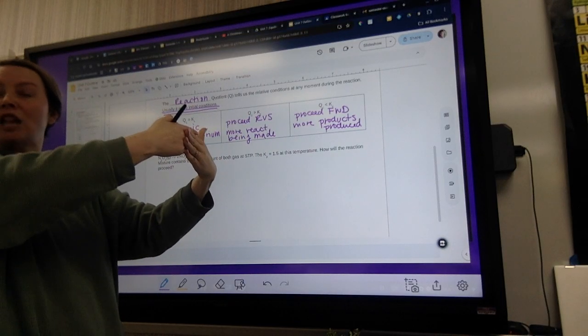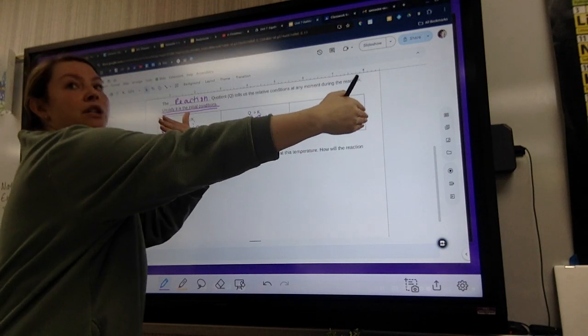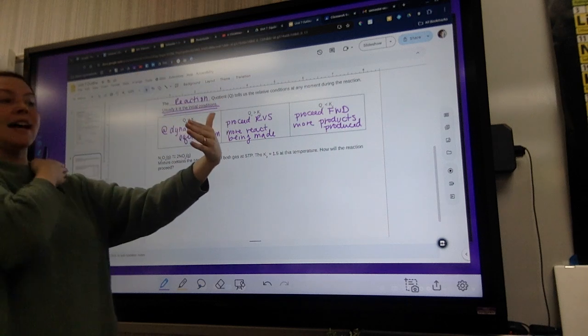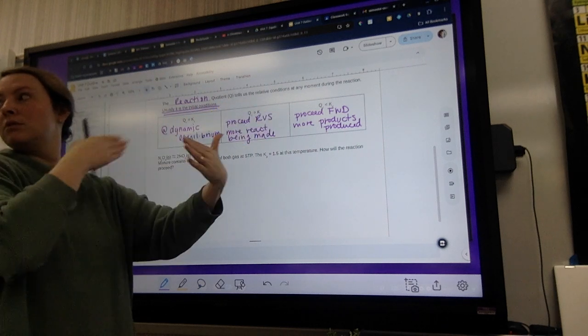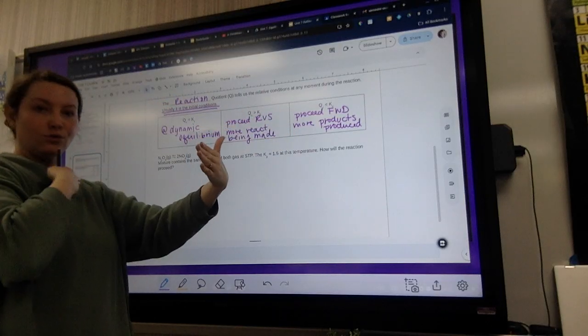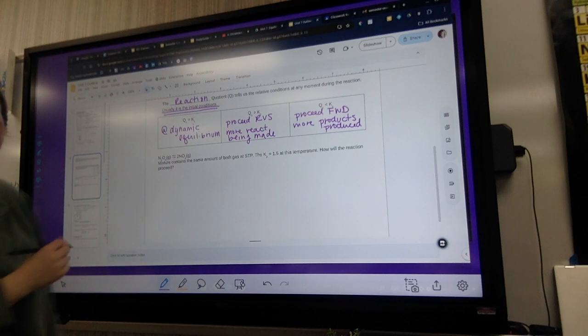It hasn't reached K yet because it's under K. Does that make sense? So if Q is greater than K, it went too far, it's got to come back. If Q is less than K, it's got to catch up to K, so it's got to go forward.